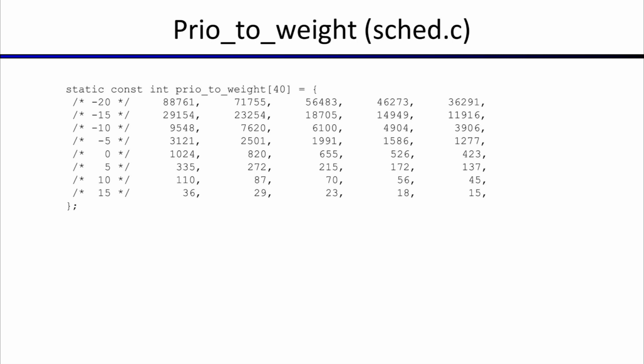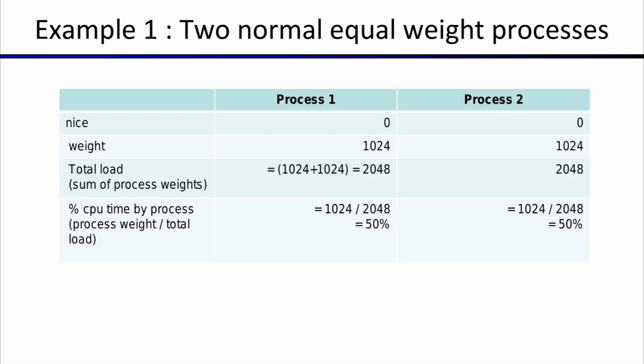Now let us see how this compares on percentage of CPU time when you actually change these load weights. Just take a few examples. Let's take an example when you are running two processes, because you're always looking at time compared to another process. So now let's look at two processes that have an equal weight. They're both at nice value 0, process 1 and process 2.